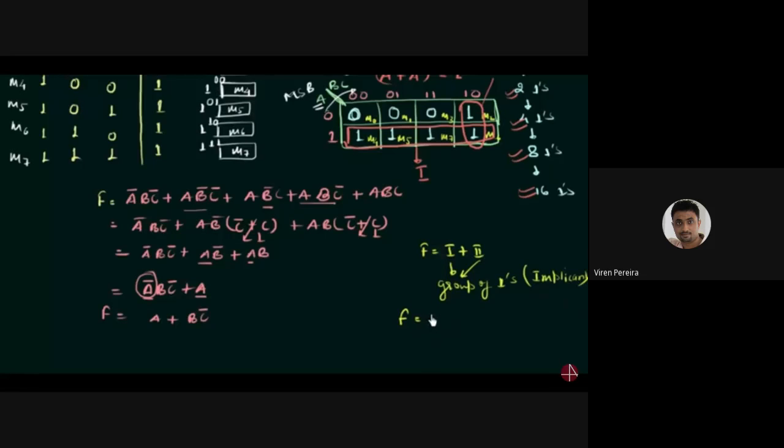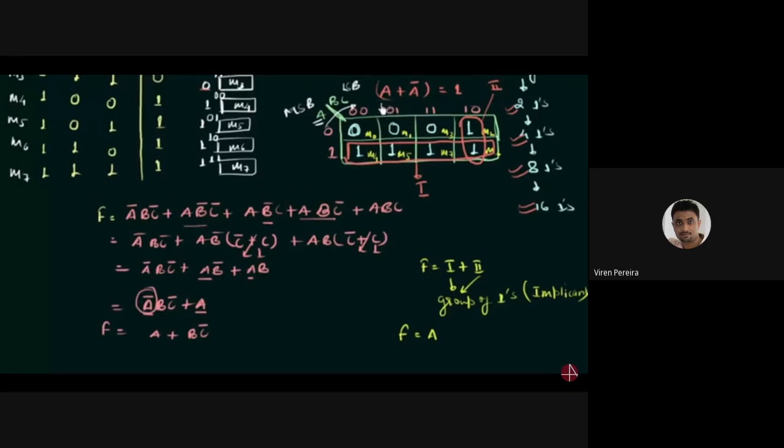So I will write A as it is. Now I have to see for B and C. In this first cell B is 0, in the second cell B is 0, no problem, but in the third cell B is changed from 0 to 1, so B is changing. So I will not write B because B will be 1 by this rule.